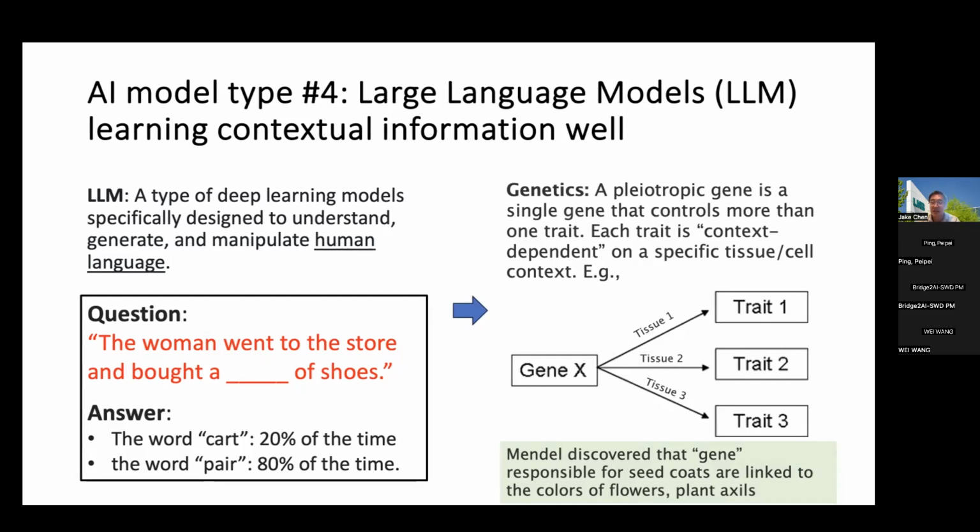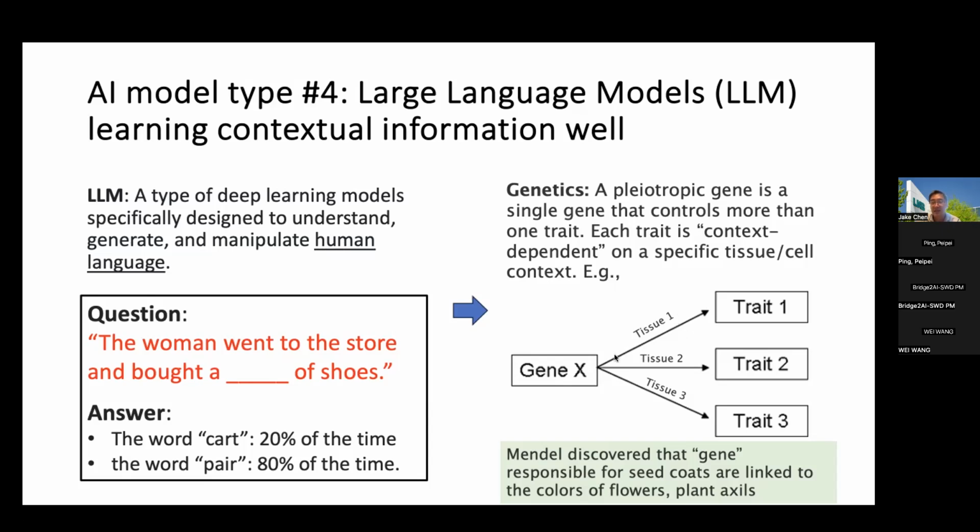That means a gene can actually have more than one trait, right? Exactly what trait it has depends on the tissue context. And even Mendel, in his original experiment, observing the peas in different generations, observed that the genes responsible for the seed coat color are usually linked to the colors of flowers and the colors of the plant axis.